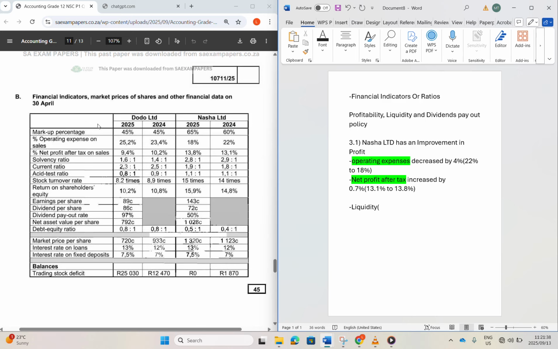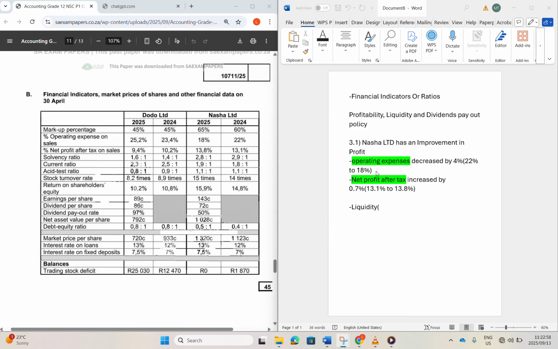So we want stock. The solvency ratio for Dodo is 1,6 to 1. It's not talking about stock, so we want liquidity ratios that align with the control of stock.